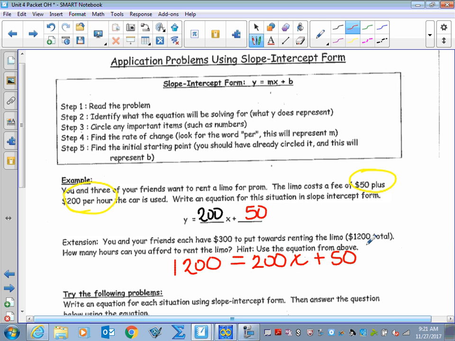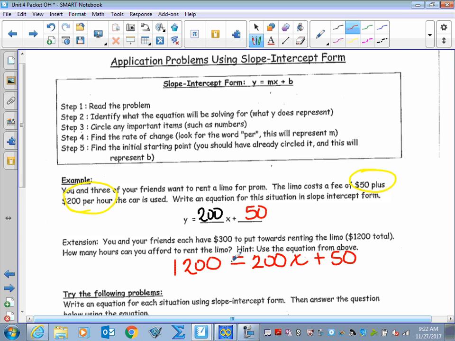The rest you're solving for the total. But for this particular one, they give you the total of $1,200. So you're going to replace y with $1,200. How many hours can you afford to rent the limo, knowing that you have $1,200, it costs $200 per hour plus the $50 fee? So obviously we're solving for x. X will give us the number of hours.